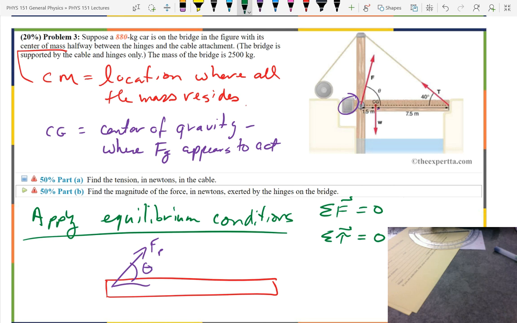Okay, next force, moving over, Augusta. What's the next force? Gravitational force of what? There are two gravitational forces. That's why I said of what?